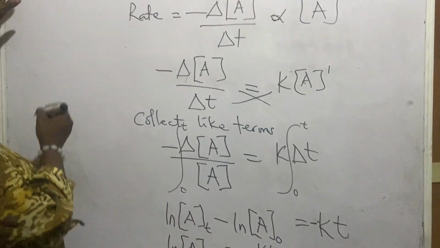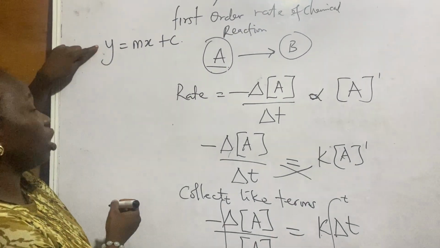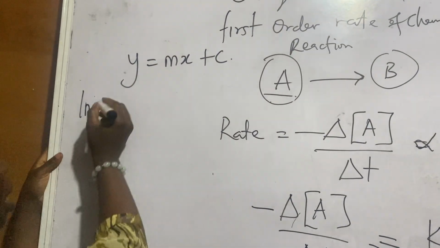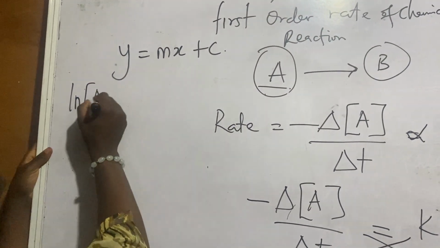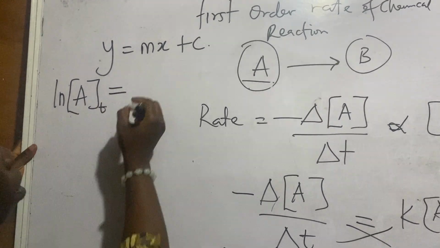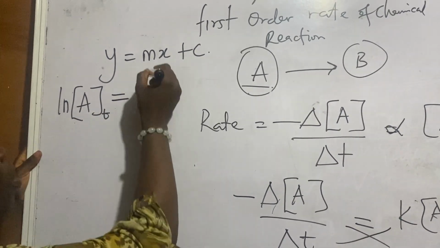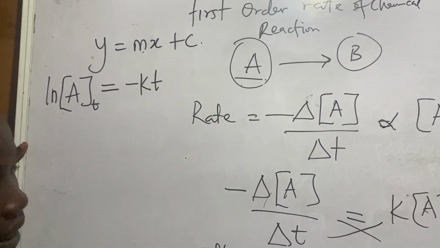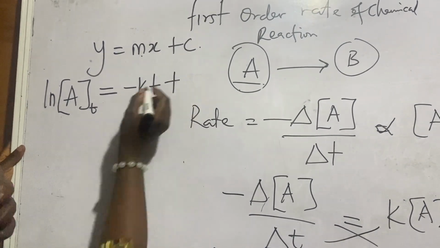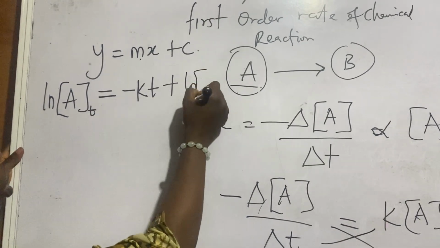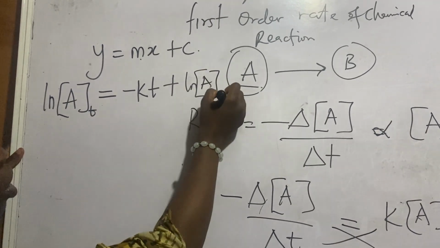So in aligning it with the straight line graph, it means the y-axis becomes the natural logarithm of concentration of A at time t equal to minus k. Our minus k becomes the slope, and our t is the x-axis, plus the intercept, which is natural logarithm concentration of A at time 0.